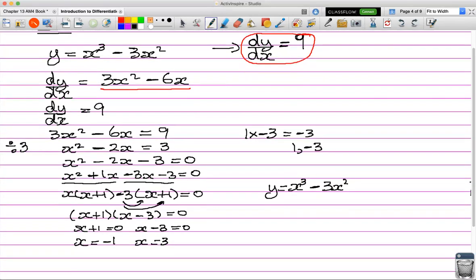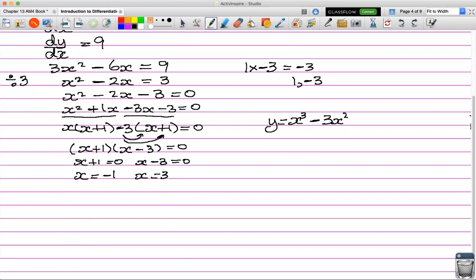So we need to find the y values for this equation. So I'm going to write it down here. Y is equal to x cubed minus 3x squared.